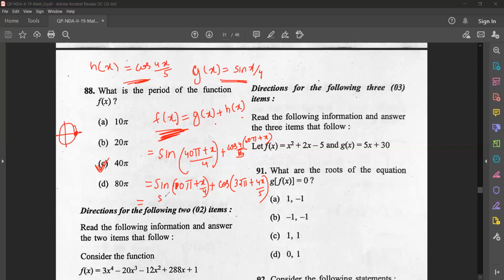Likewise 32 pi will also come here, because all even multiples come here. So that will be cos 4x by 5. So you are getting sin x by 4 and cos 4x by 5 when you put 40 pi. So the answer is option C, 40 pi.